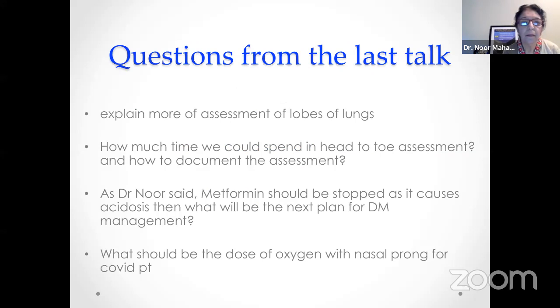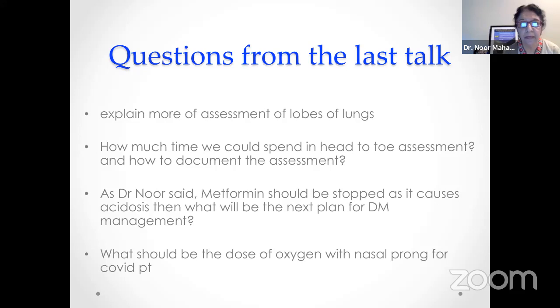Okay, so there were some questions from the last talk, and I'm going to quickly go through some of them. Some of them were answered. There was a question to explain more of the assessment of the lobes of the lung. There is a handout as well as some audio clips in your handout that you can go through.